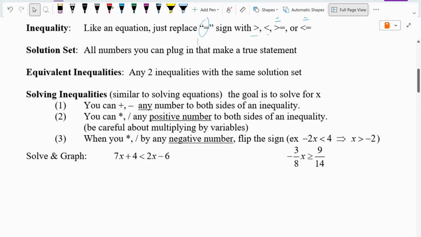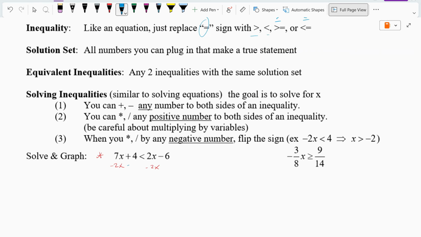We're going to solve them just like we solve equations, meaning we want to isolate x, get it by itself. So what's the first thing I would do here on this problem? Combine the x terms, right? So should I subtract 7x or subtract 2x? Yeah, so both are valid, but this would leave us with a positive number.